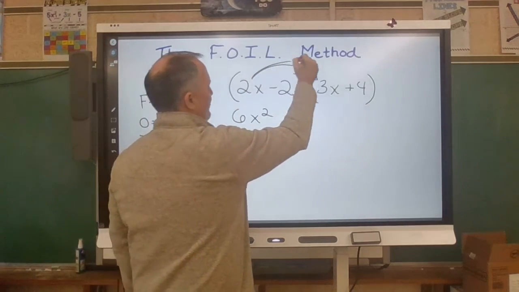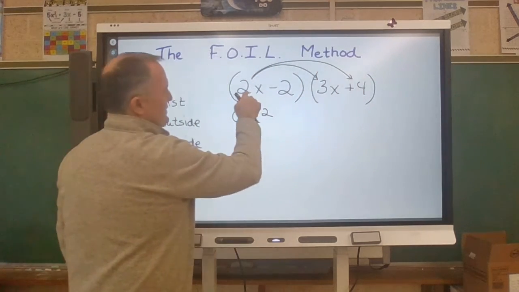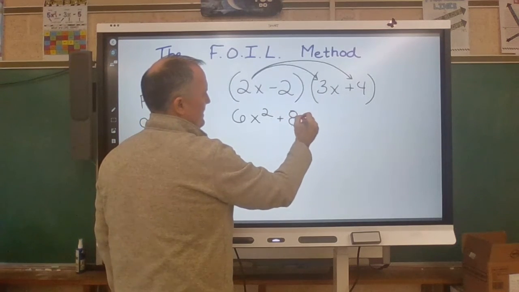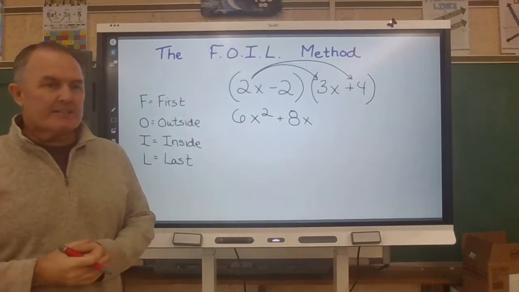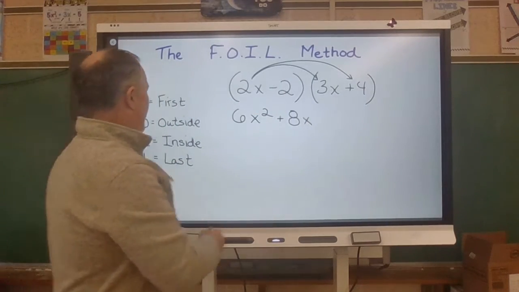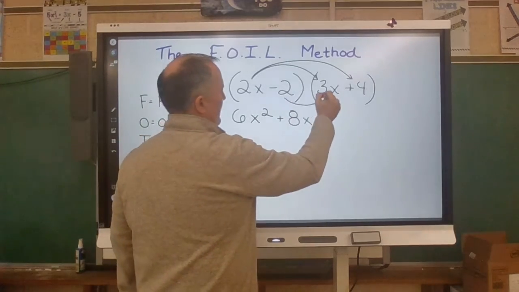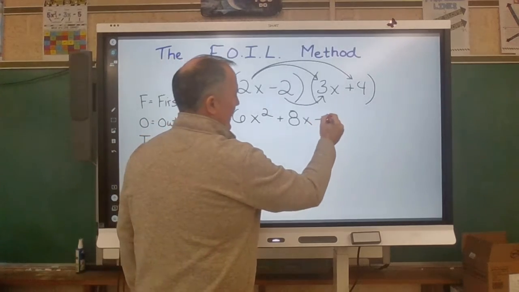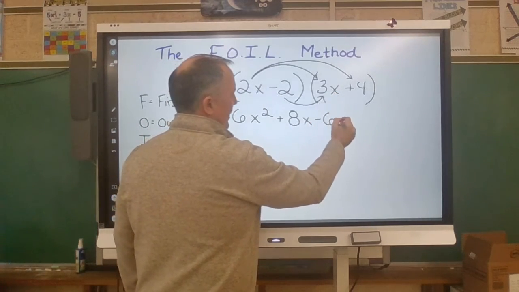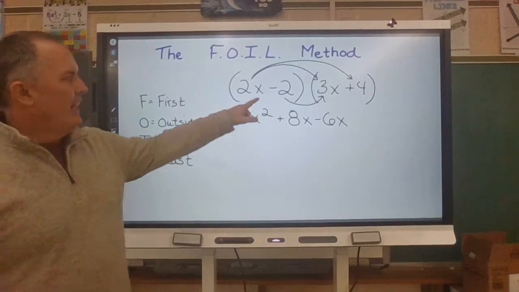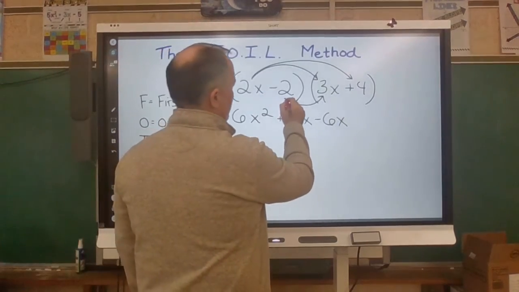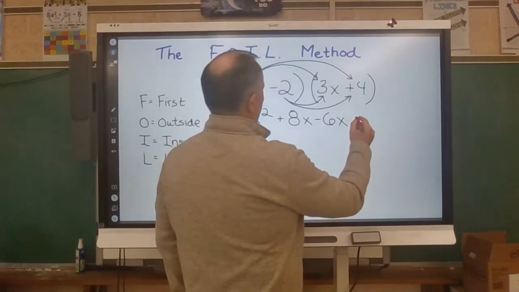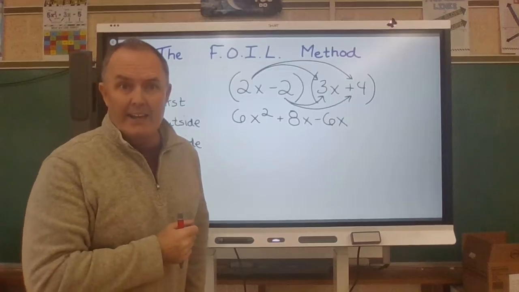Then I do my outside. 2x times positive 4. 2 times 4 is 8. So it'll be 8x. Then I do my inside. Negative 2 times a positive 3 would give me a negative 6, and I still have that x. And then I do my last. Negative 2 times a positive 4 would give me a negative 8.